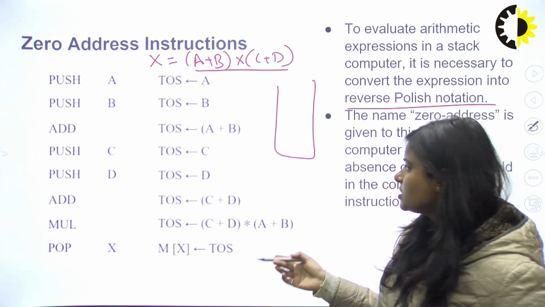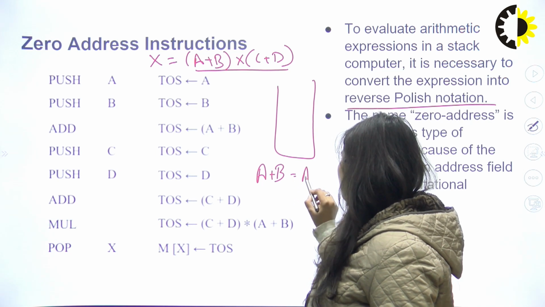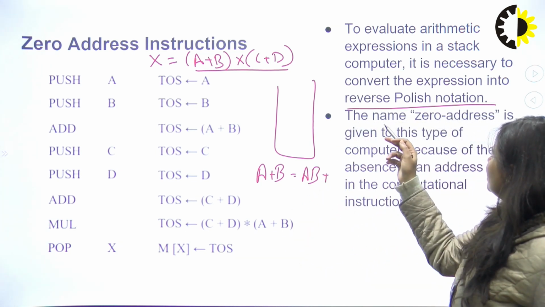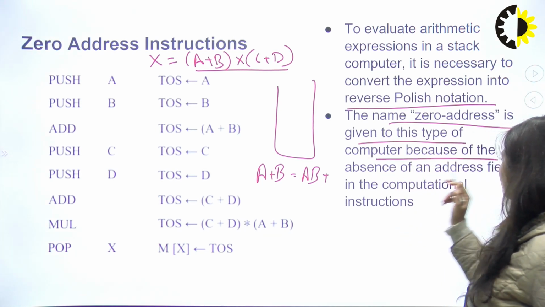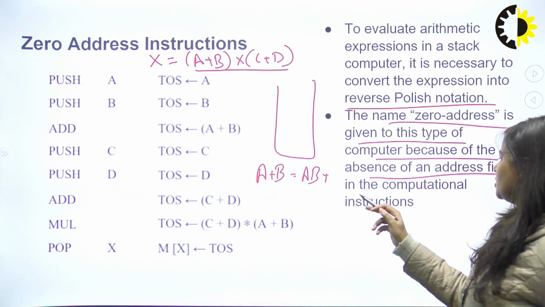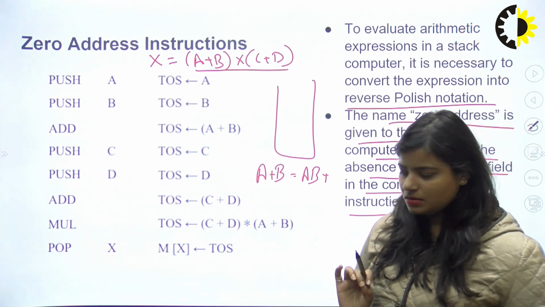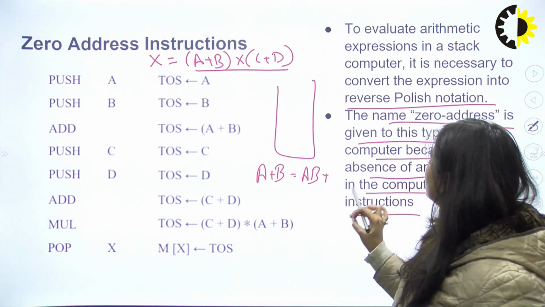Like A + B will become A B +. The name zero address is given to this type of computer because of the absence of an address field in the computation instruction. We have no memory location for this, hence we are going to use only the stack.